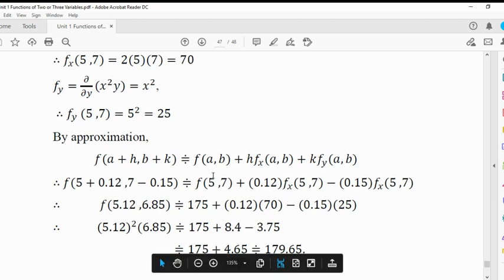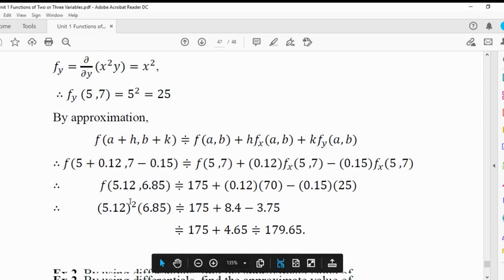Here we replace f of 5, 7 by 175, h is 0.12, f x of 5, 7 we already calculated is 70. Now minus 0.15, that is k, times f y of 5, 7, which is 25.